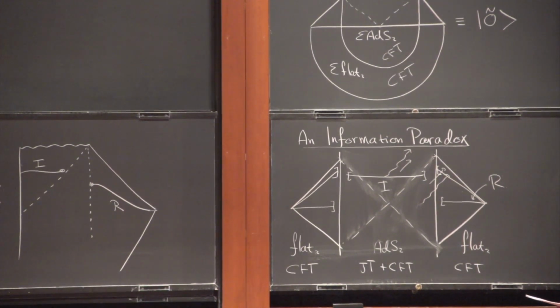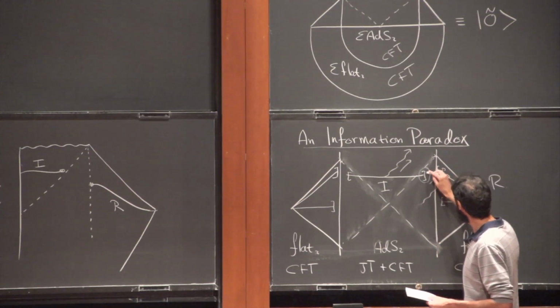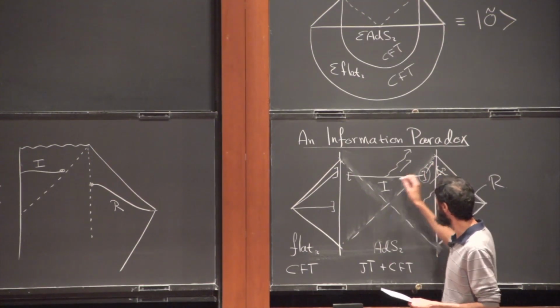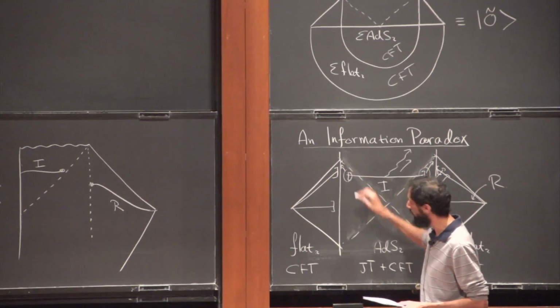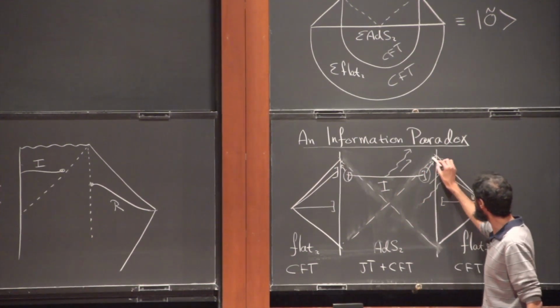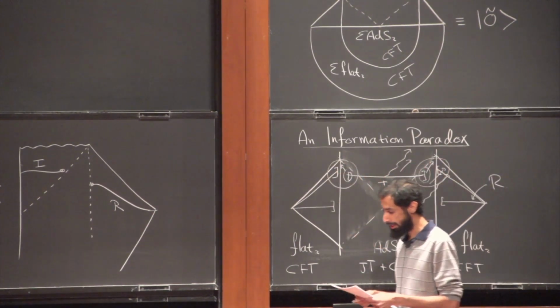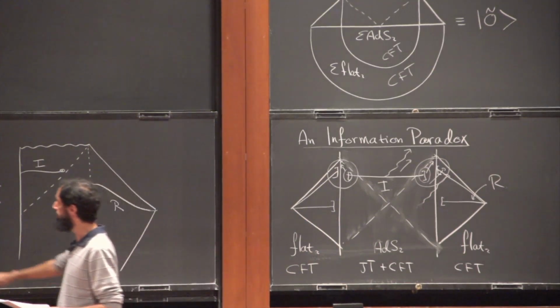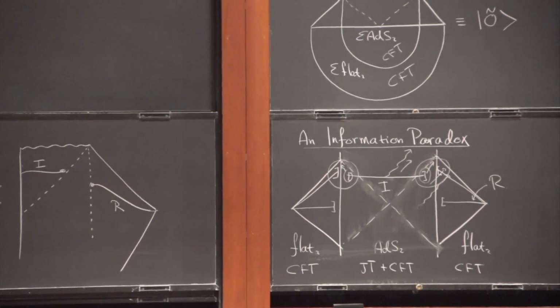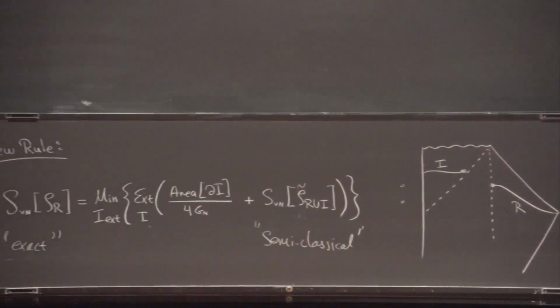However, you can argue that at late times, or late enough times, you expect that this endpoint of the island would tend towards this corner, and this endpoint would tend towards that corner. And then you can make an argument that you have some sort of OPE limit that you can take between these 2 points and these 2 points, such that the von Neumann entropy factorizes, becomes a sum of 2 pieces.